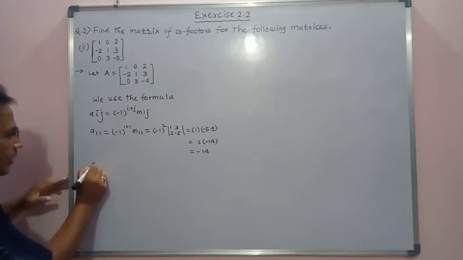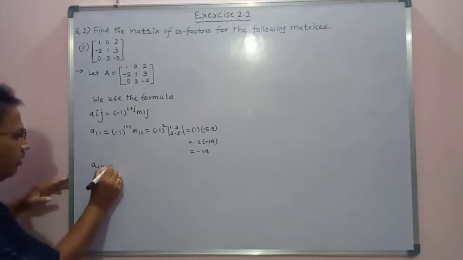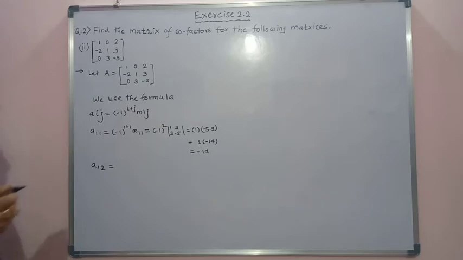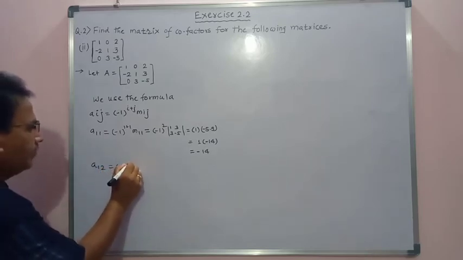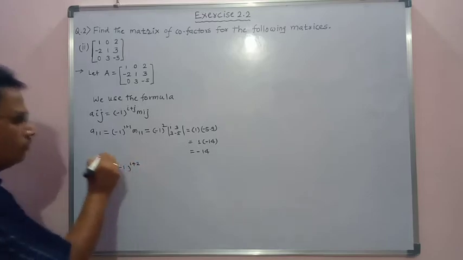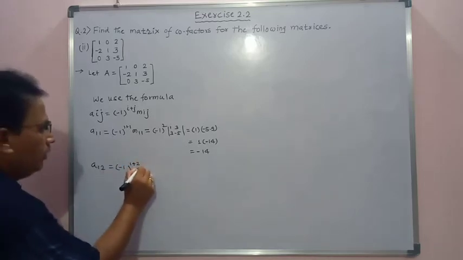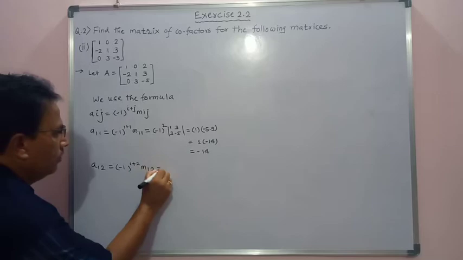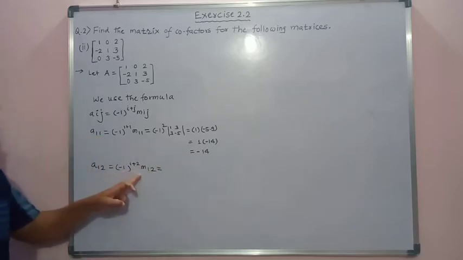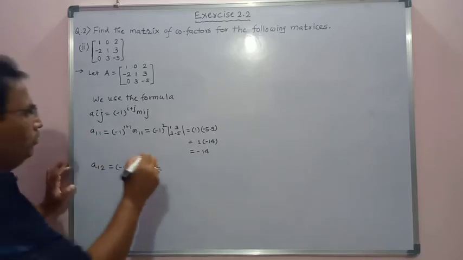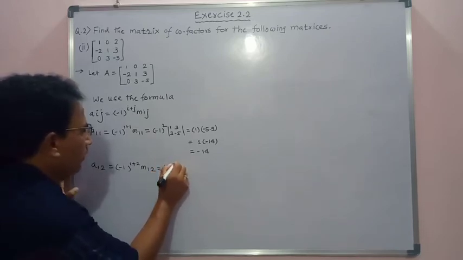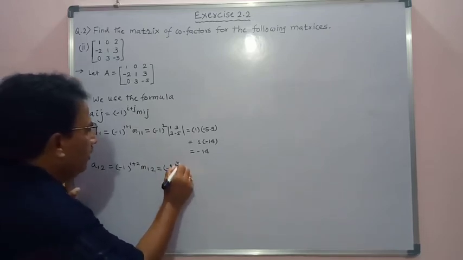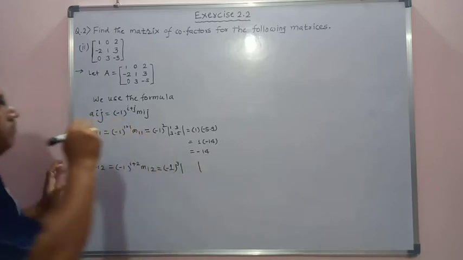The second cofactor is the first row, second column, A12 equal to minus 1 raised to 1 plus 2 into M12.